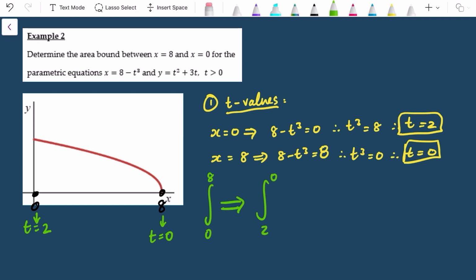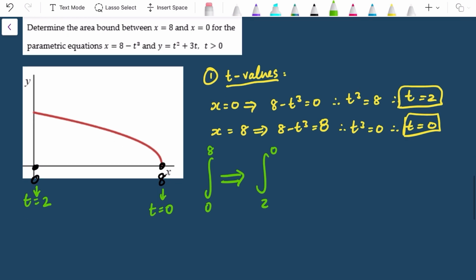Don't swap it over so that you have the higher value at the top. It all depends on the corresponding t values. Okay, so now I'm going to solve this. So I will have the integral of y, which is t squared plus 3t, times by the derivative dx/dt.